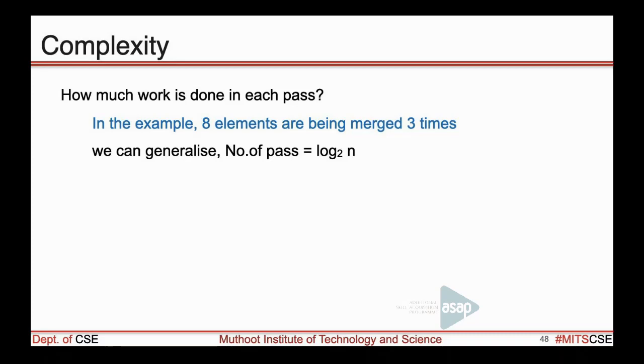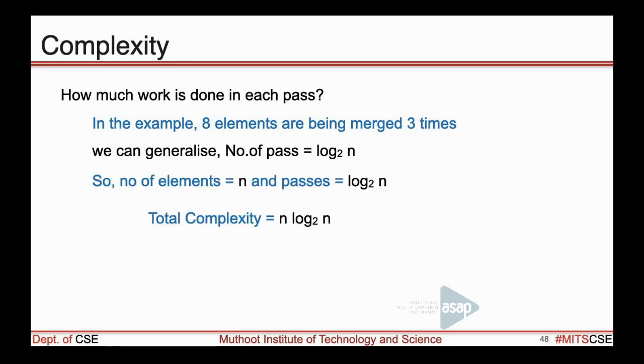That is log 8 to the base 2, which is equal to 3. Also, n is the total number of elements and log n is the total number of passes. So the total complexity is equal to the total number of elements times the passes, which comes to n log n. So that is the complexity of the algorithm.